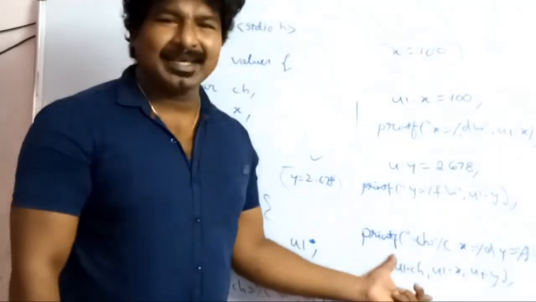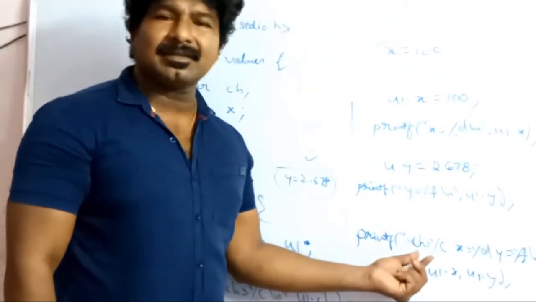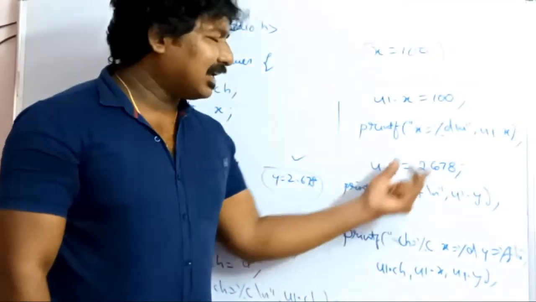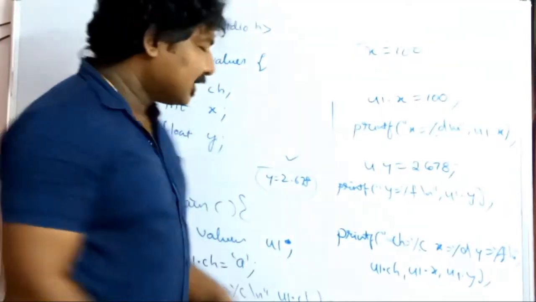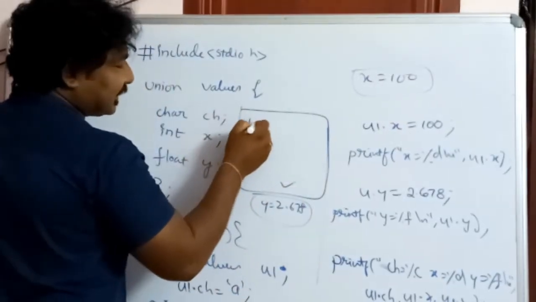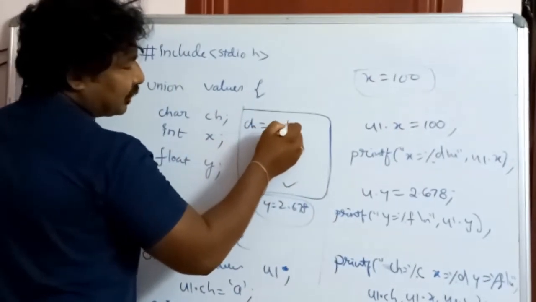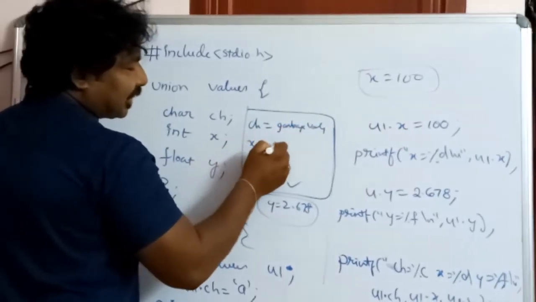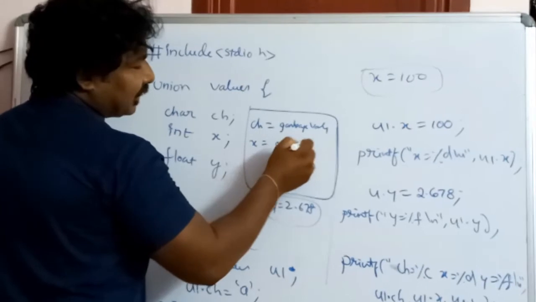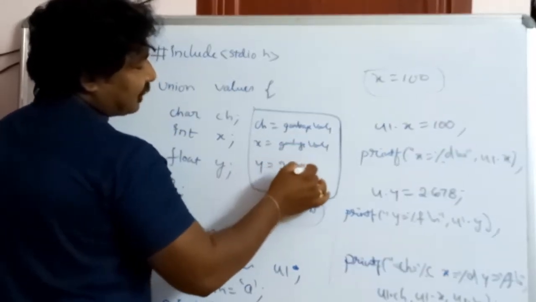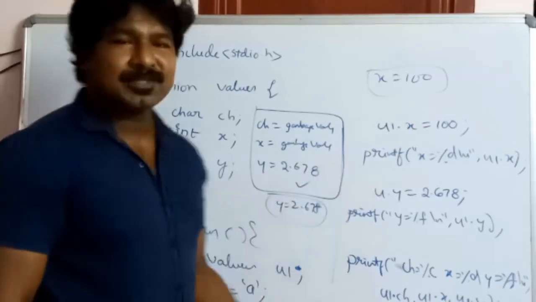I want to see whether the values of ch and x are available or not, because most recently I have stored 2.678. So the output may be ch is equal to some garbage value, x will be some garbage value, and y is equal to 2.678. So this is the output for this program, friends.